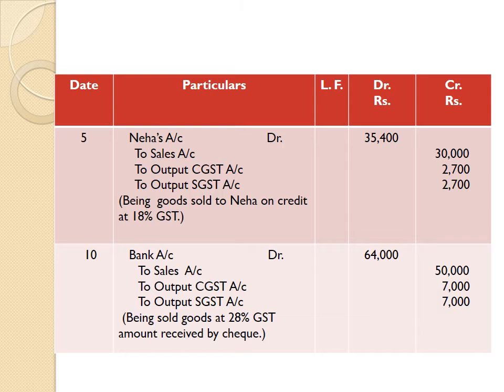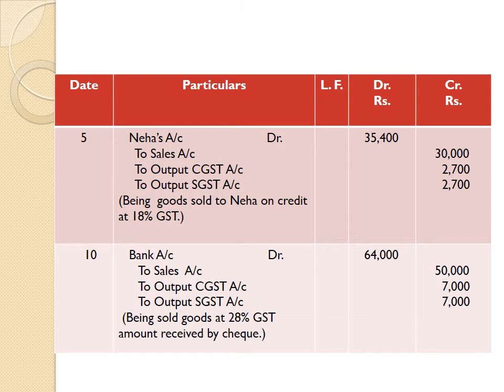Bank account debit 50,000 plus 14,000 is equal to 64,000. To sales account, actual value of goods sold 50,000. To output CGST, here we are prefixing output for the sale transaction, 7,000.